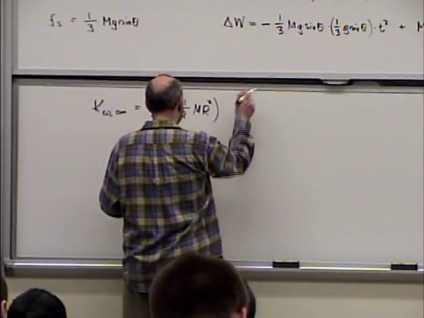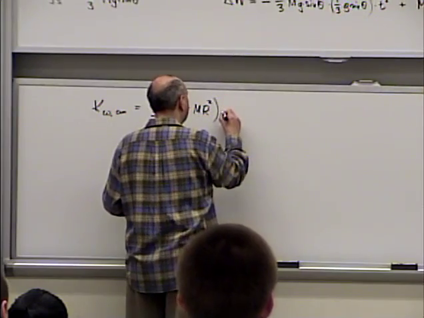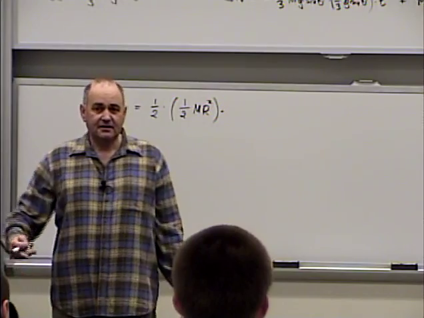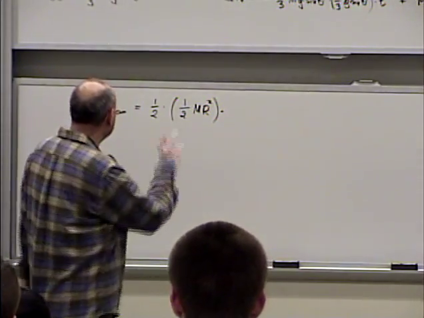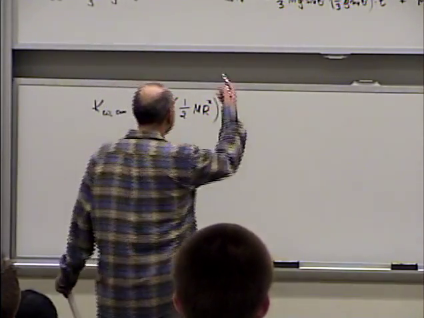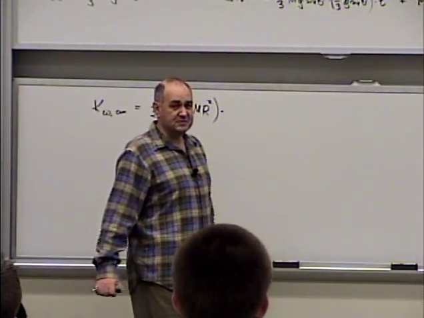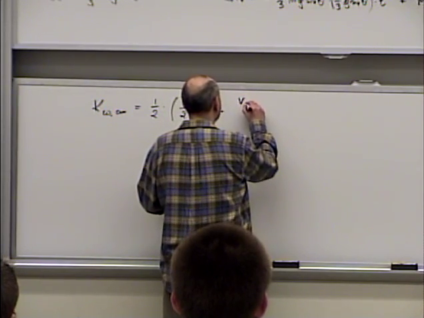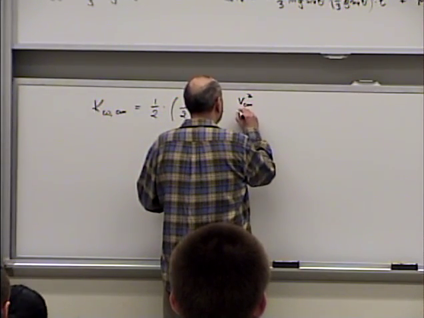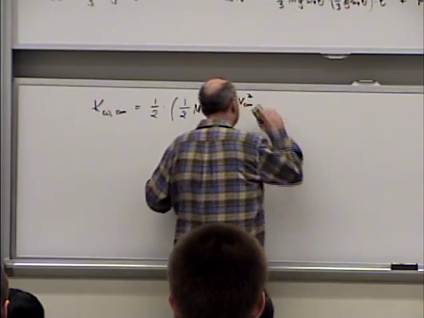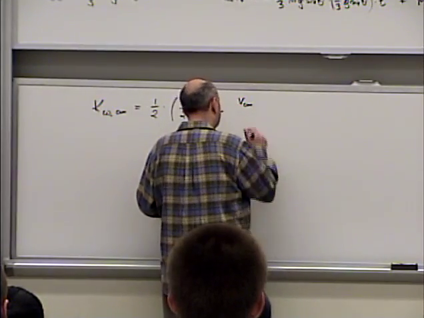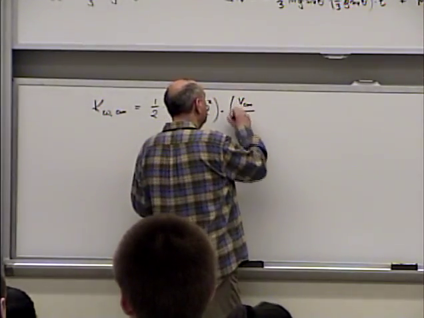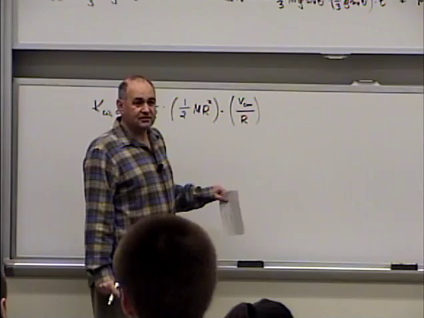Now I have to multiply it by the square of the angular velocity, and since I don't have it, I will relate it right away to the speed. The speed divided by the radius of the disk gives me the magnitude of the angular velocity.